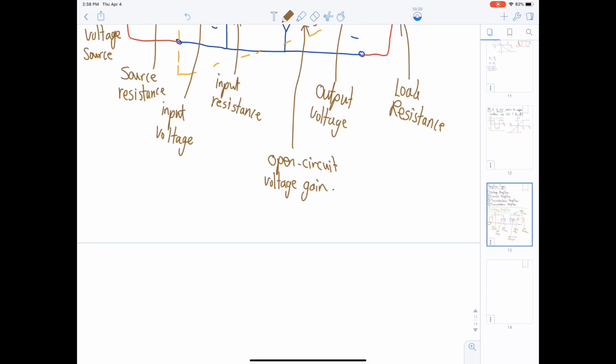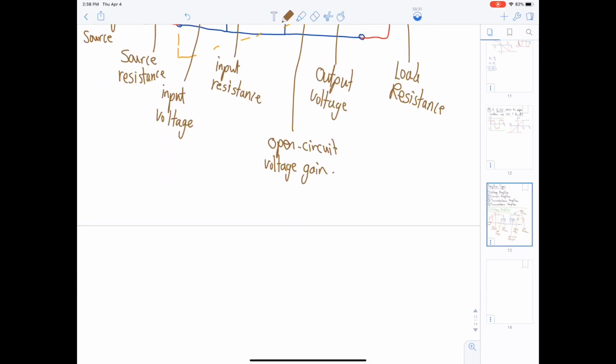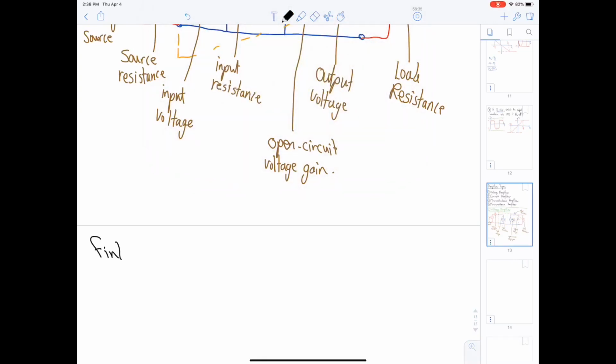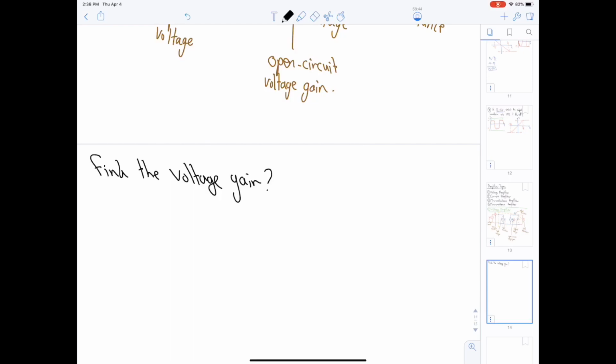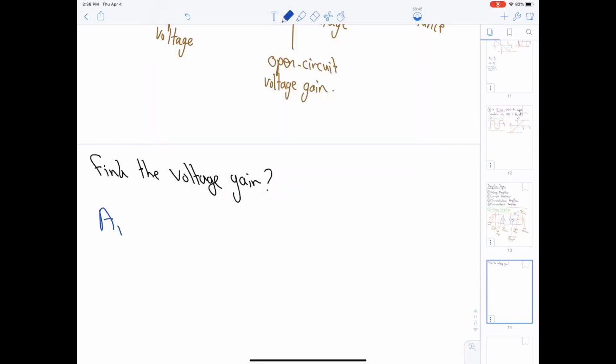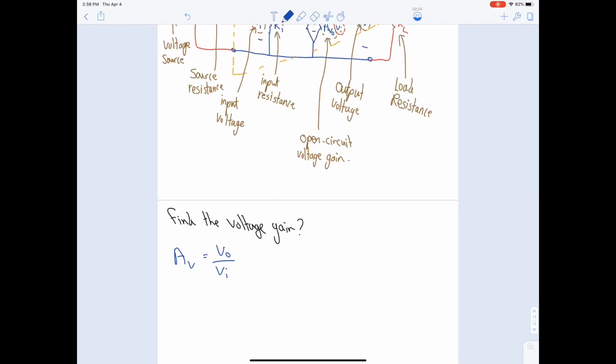So if he asks me to find the voltage gain, what should I do? We know from the earlier explanation that the voltage gain is AV, which is equal to V output divided by V input.